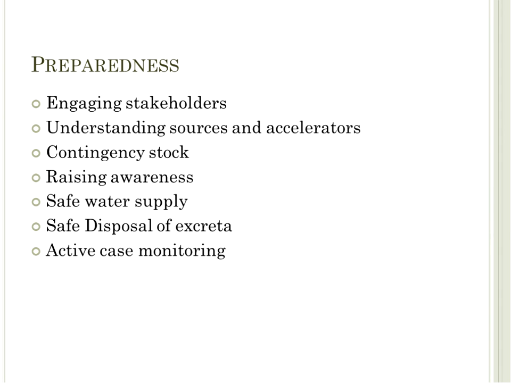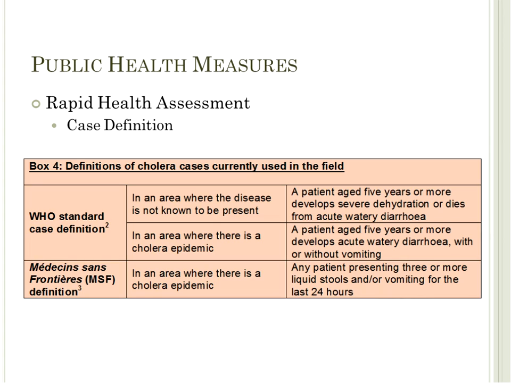For example, we know that climate plays an important role in having an outbreak or having a surge. You want to prepare a contingency stock. You want to raise awareness in the community. You want to make sure that there's a safe water supply. You want to make sure that you have a way of disposing of the excreta very safely. And you want to put into place surveillance and have active case monitoring, as this will guide your response.